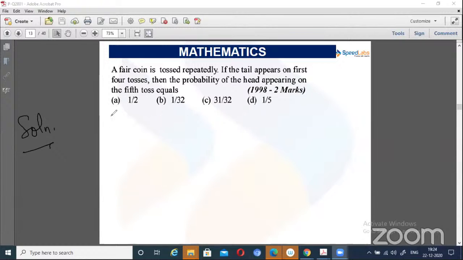I'll take 5 answers. The answer is A, a half, as you all know, very correct. Everyone gave the right answer, because each toss is independent of the other one. So we can get 1,000 heads or tails in the first 1,000 tosses. For the next fresh one, the probability of getting a head is always half, or tail always half. So good. A is the answer.